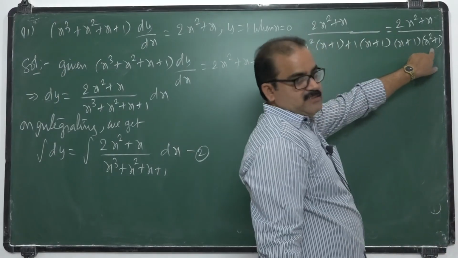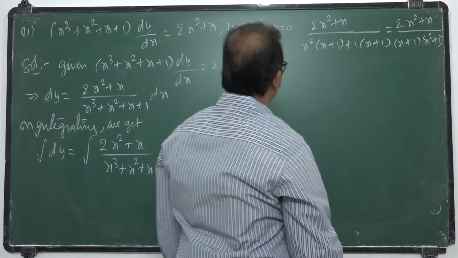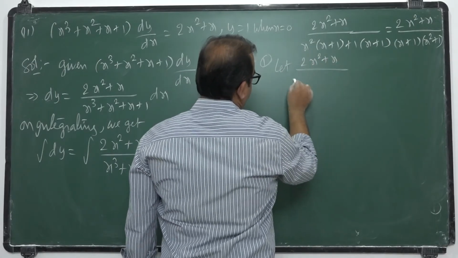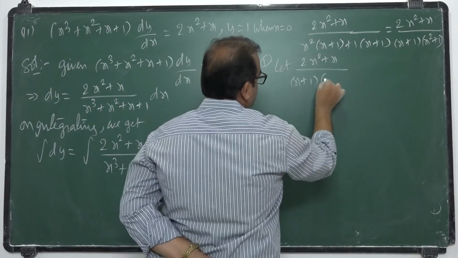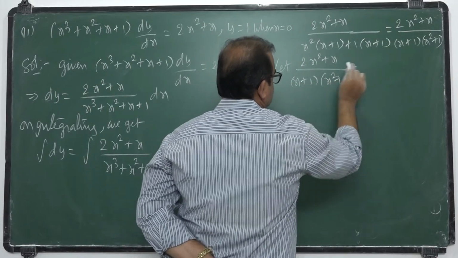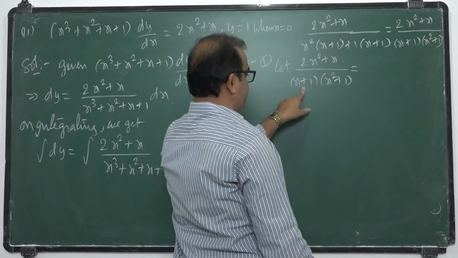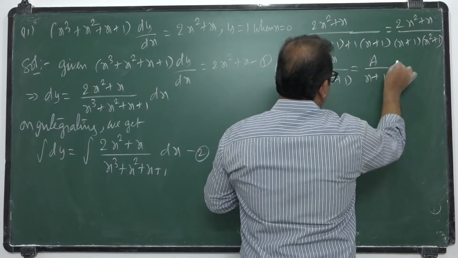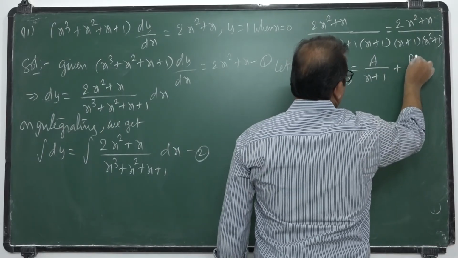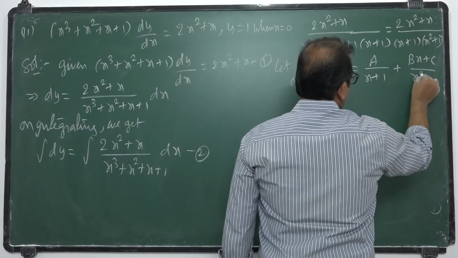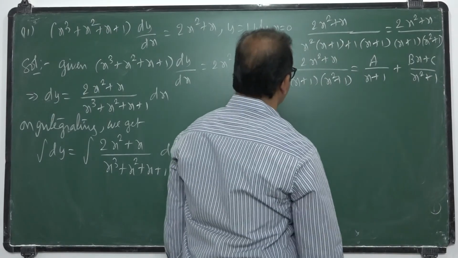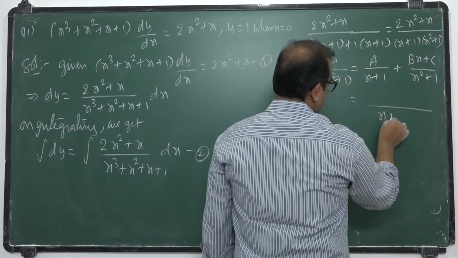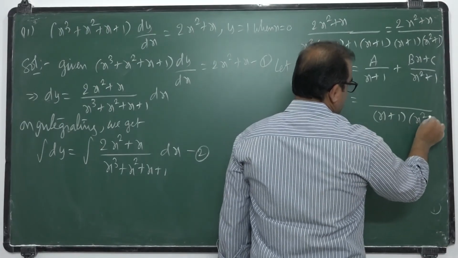Now resolve this into partial fractions. Let (2x square plus x) by (x plus 1) into (x square plus 1) be equal to, it is a linear factor and it is a quadratic factor. Write it as A by x plus 1, and for the quadratic factor, Bx plus C by x square plus 1. Take LCM. What is the LCM? x plus 1 into x square plus 1.